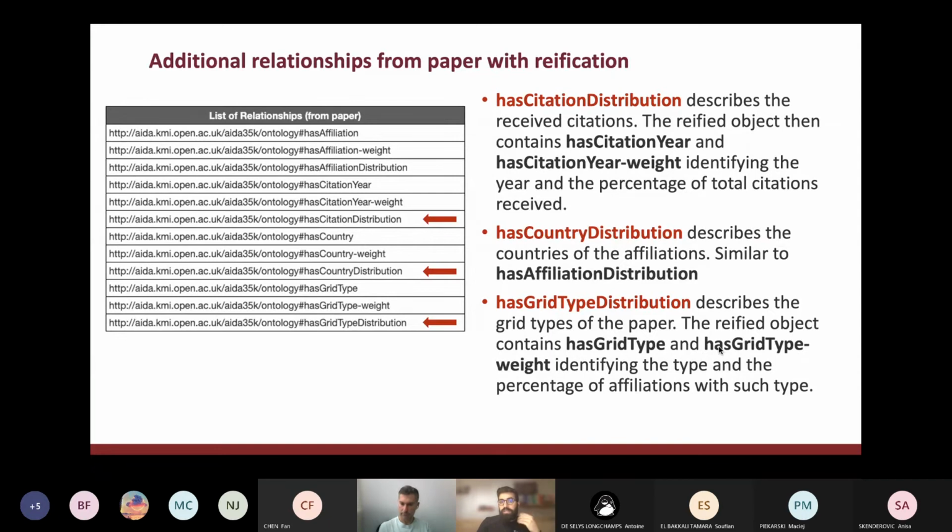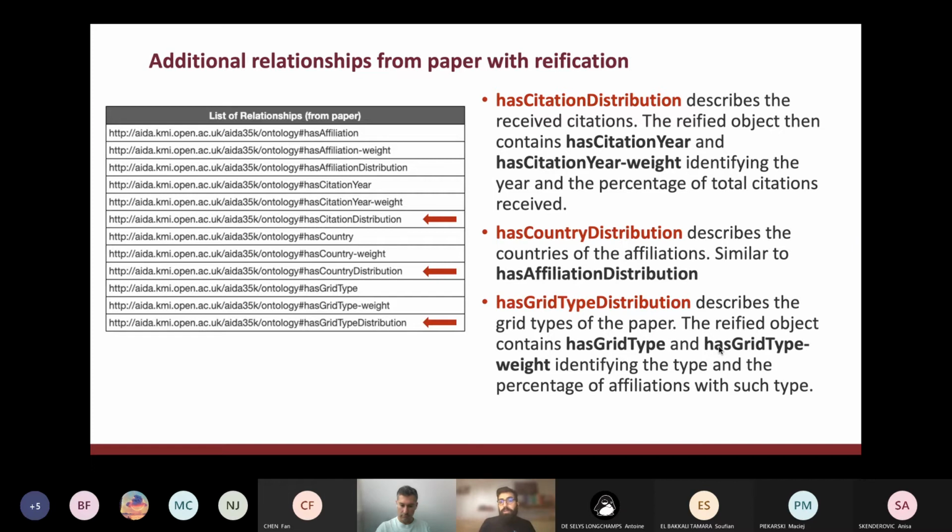So as grid type of that paper, there will be only one entity, which is academia, and it will have full weight because both of our universities come from academia. So this data set helps us organize the information of the countries through this reification. We are able to organize the information about the countries, the affiliation, and the citation distribution, and also the grid type, whether we come from academia or industry.